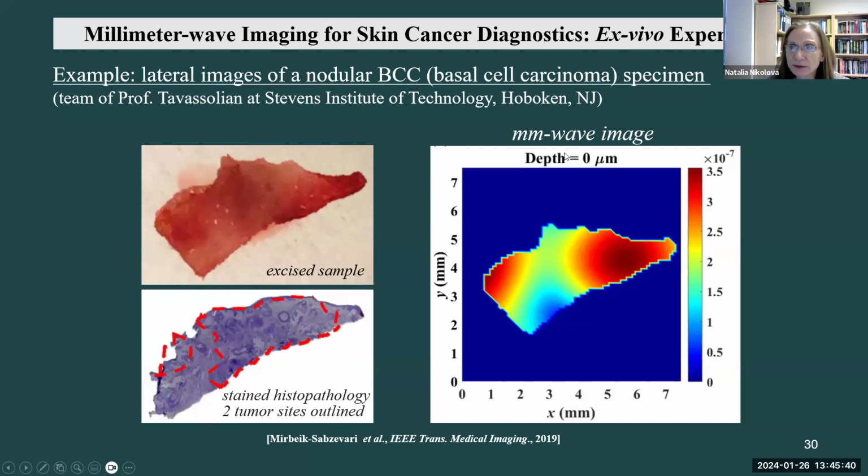And you see the millimeter wave image at depth 0 microns. This means right on the surface of the skin, which is actually very interesting because this is supposed to be non-invasive. And indeed, this is an image which would hold the most diagnostic weight. Although the authors do report also images at larger depths, and they do confirm that indeed this is where the areas are red, this is where the malignant tissue is supposed to be. And so I think this is promising.